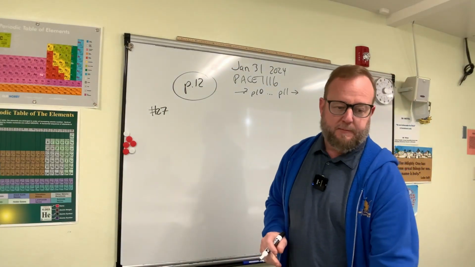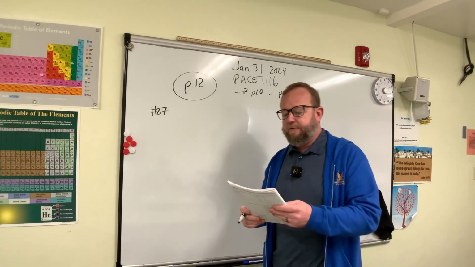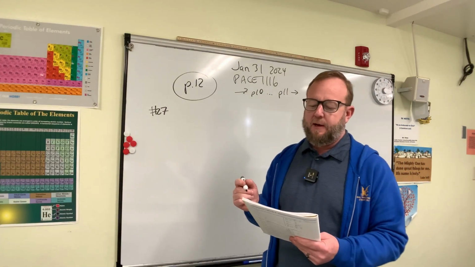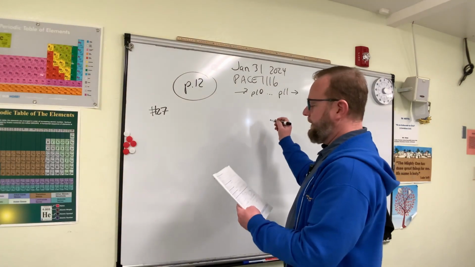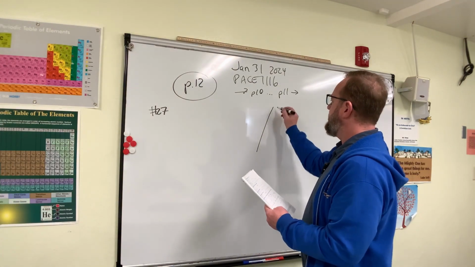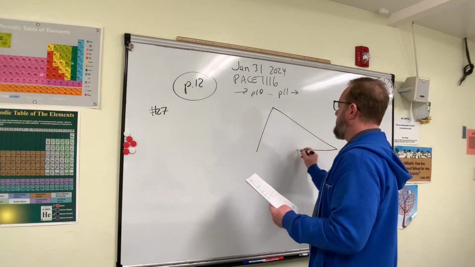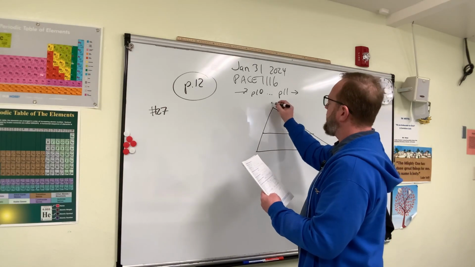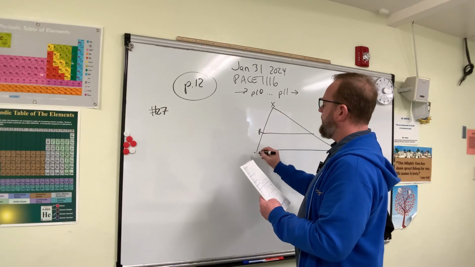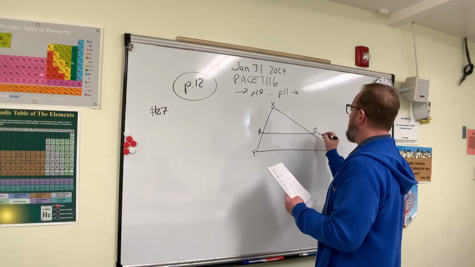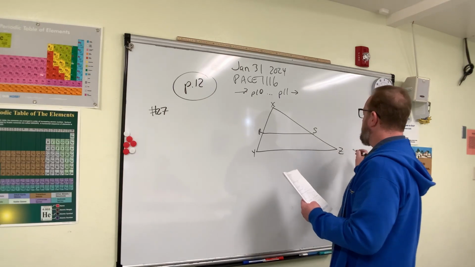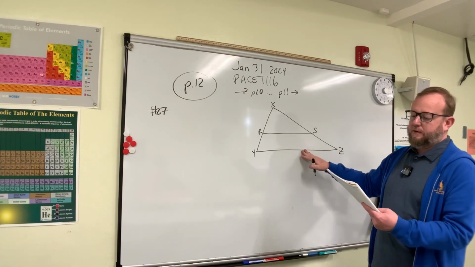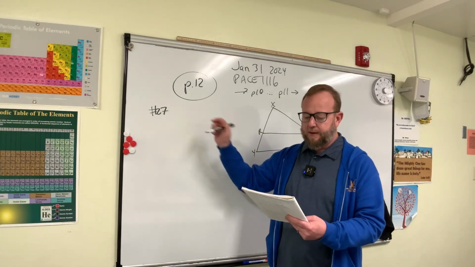That asks us to find unknown lengths in that triangle. So I've got a triangle that looks like this. X up here, R here, Y there, S here, and Z. This is the triangle that's drawn for problems 27 and 28.